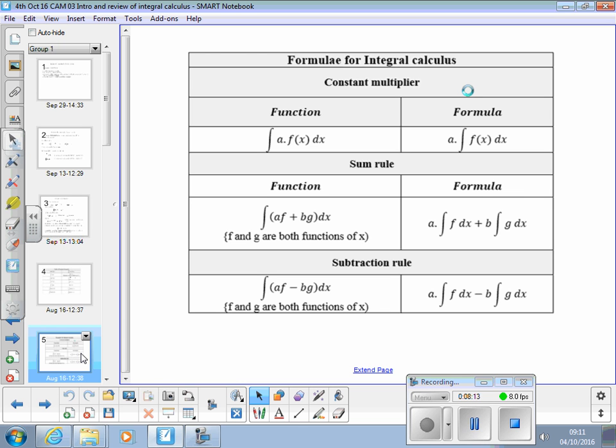And then lastly, the subtraction rule is integrate the two separate functions and subtract the second one from the first one. So that's what we're going to be using. They are our standard tools for this class: those formulae and the table of integrals on the previous page.